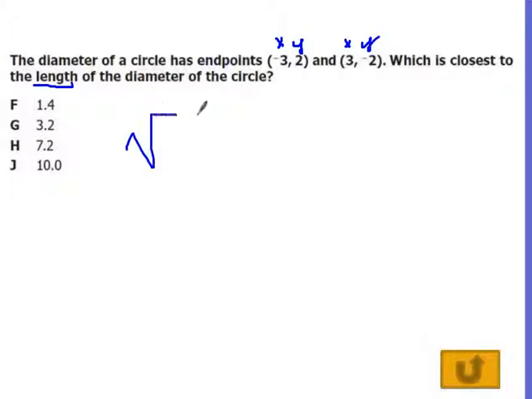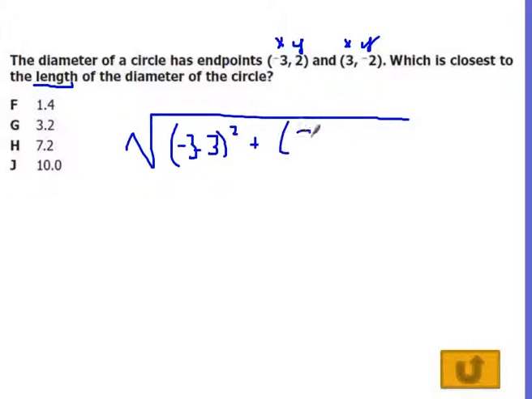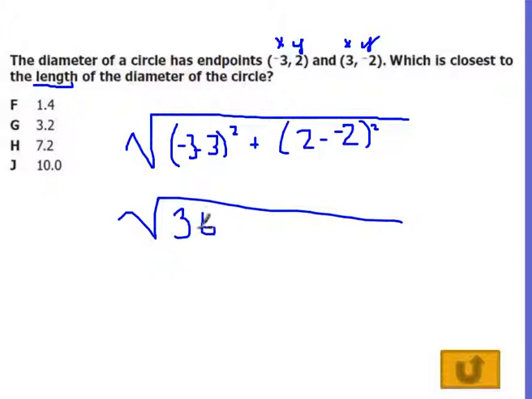So distance is the square root of x minus x squared plus y minus y squared. -3 minus 3 would be -6. -6 squared is 36. 2 minus -2 would be 4, and 4 squared is 16. 36 plus 16 is 52.